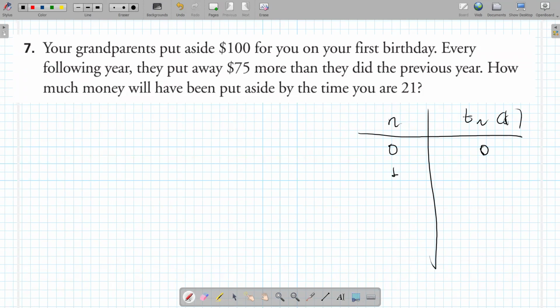On your first birthday, you have $100. Every following year on your birthday, they put away 75 more than they did the previous year. So how much are they putting in on your second birthday? 175. The question is, how much money would you have accumulated by the time you're 21?